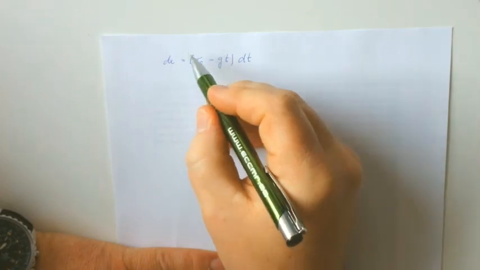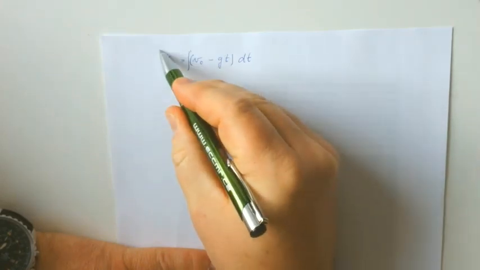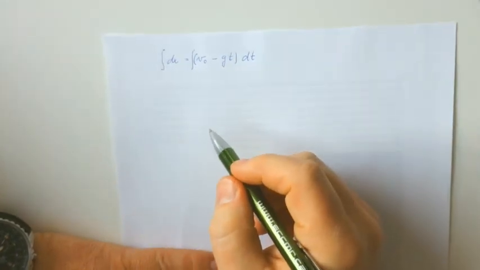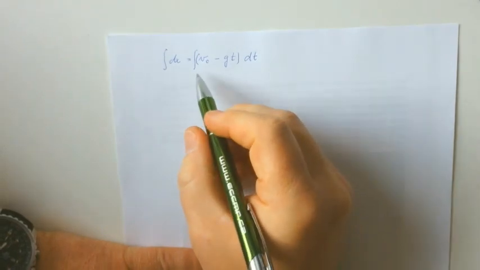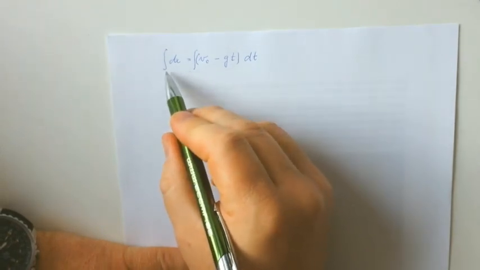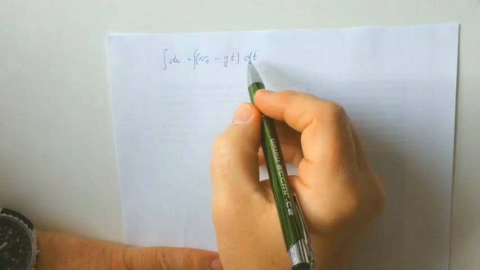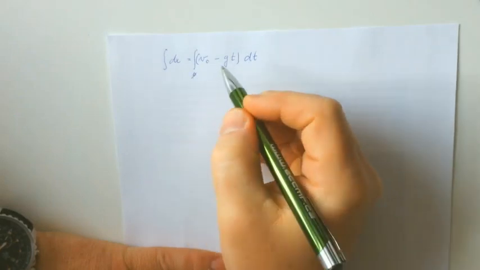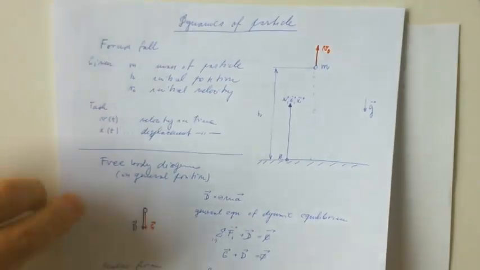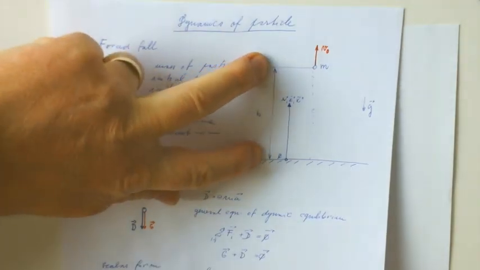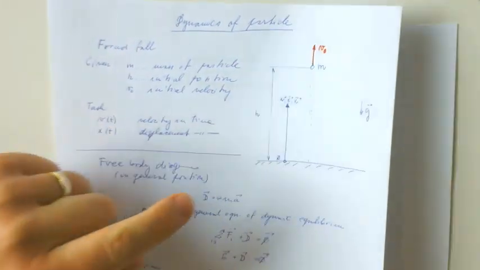So now we can put here and here integration signs, and also we must add integration limits. So when time was 0, the initial position was h, distance h from 0.